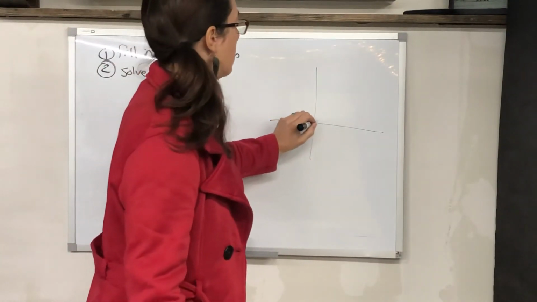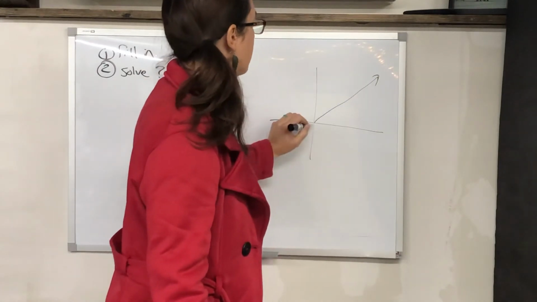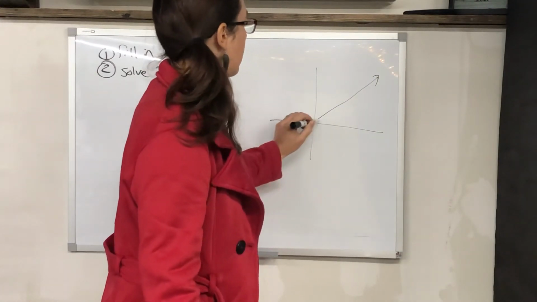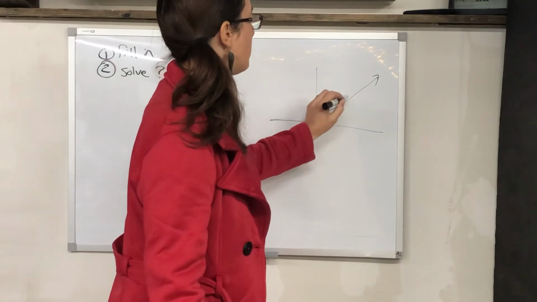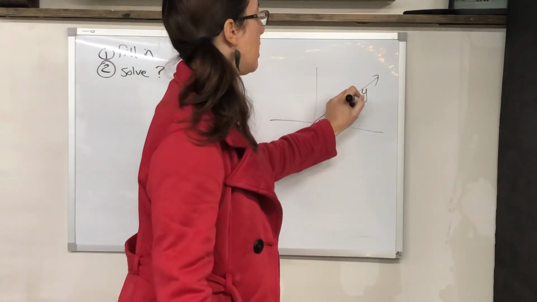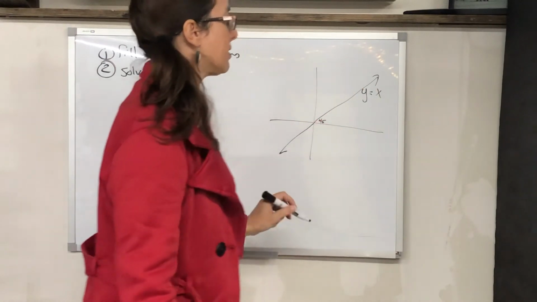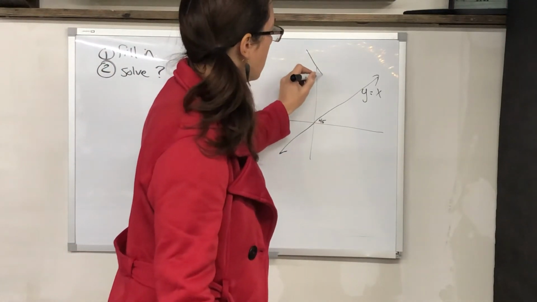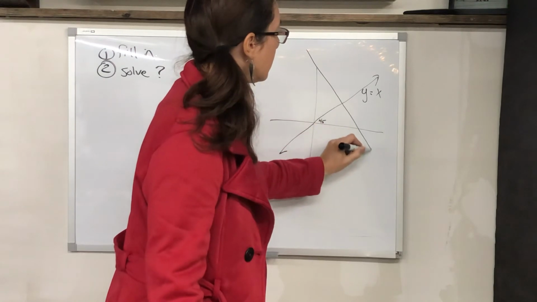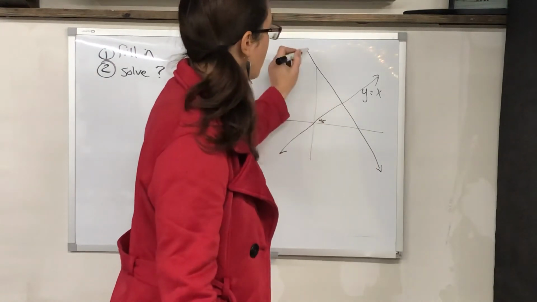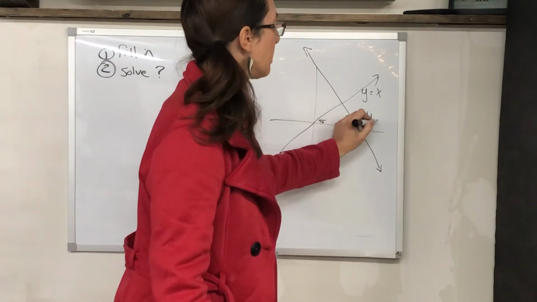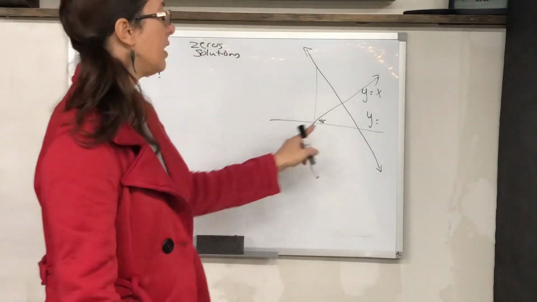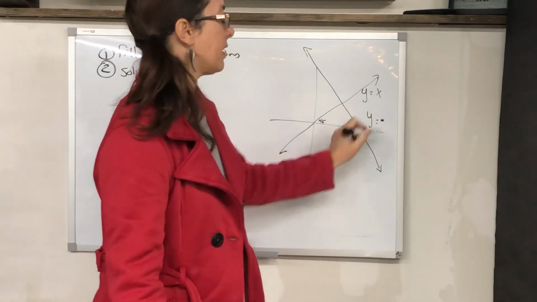I'm going to use a 45-degree angle here. So I have a slope of 1. This is y. We already know y equals x. So I need to cross it going the opposite direction. So automatically, I know that it needs to be negative.